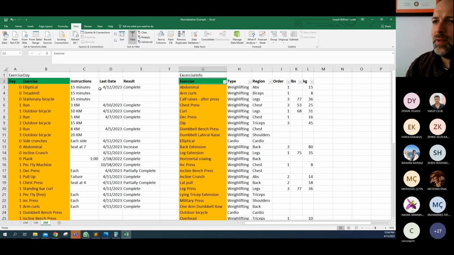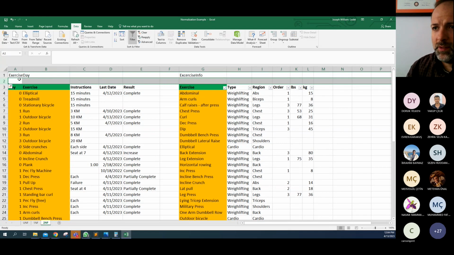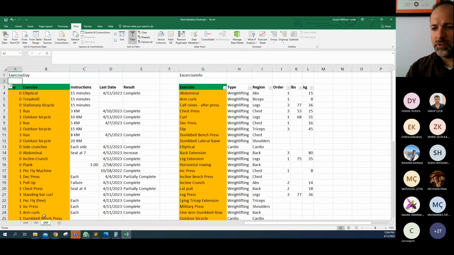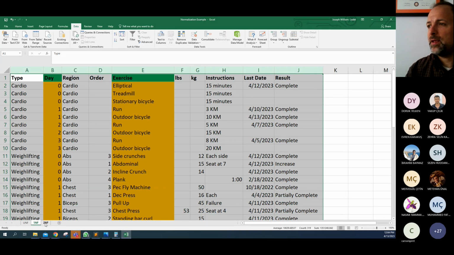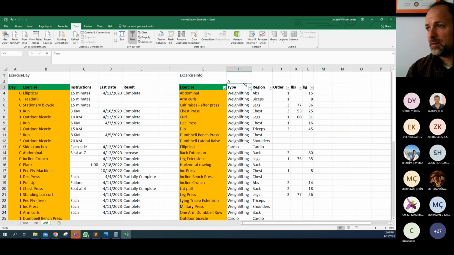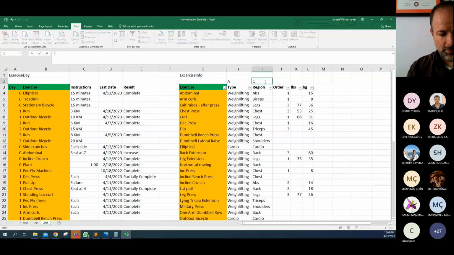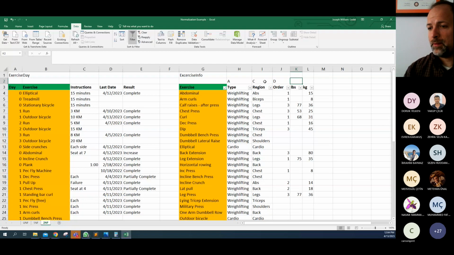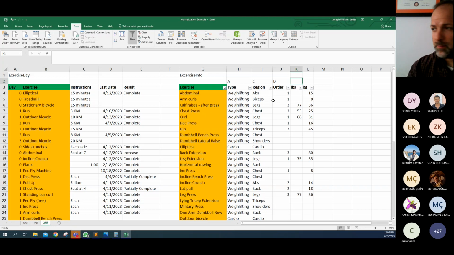All right. So now we have this, and let me label these what they were originally. So type was A, because we're going to need to maintain that information. Region C. Pound F and G. Exercise was E, right?